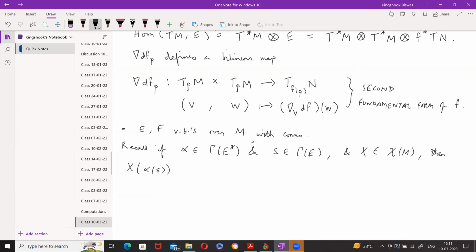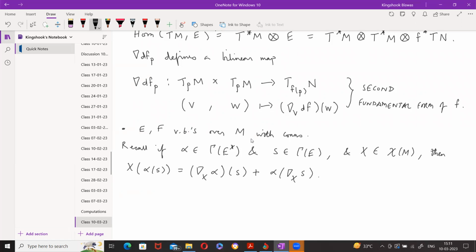So by definition of the dual connection, this X applied to alpha S satisfied a Leibniz rule. This was nabla X alpha applied to S plus alpha applied to nabla X of S, right? Yes?